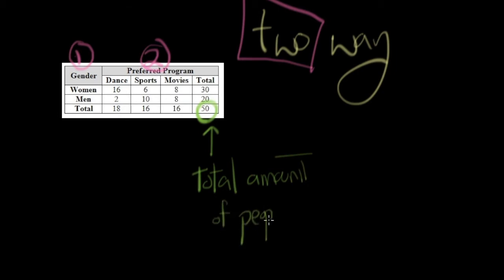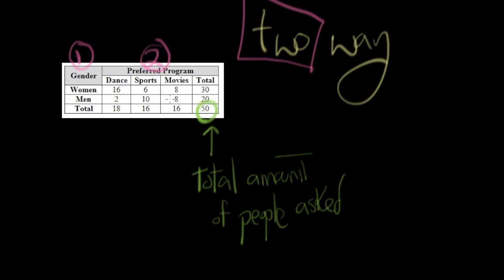Typically we're talking about surveys. For this one, 50 people were surveyed. That's what it's out of. But if you look at all these numbers, they add up to more than 50.